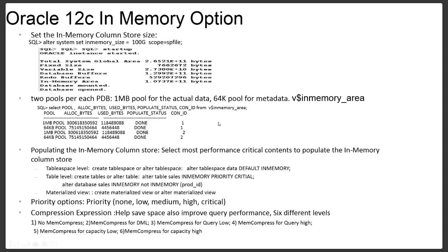But if you have both instances up, for the PDB case, if this PDB is open on one instance and not open on the other instance, then if you load a table of this PDB in memory, 100% of the table will be loaded in instance 1.